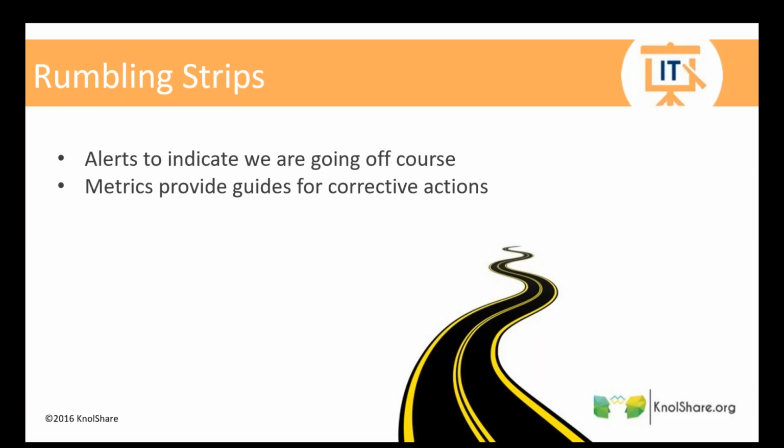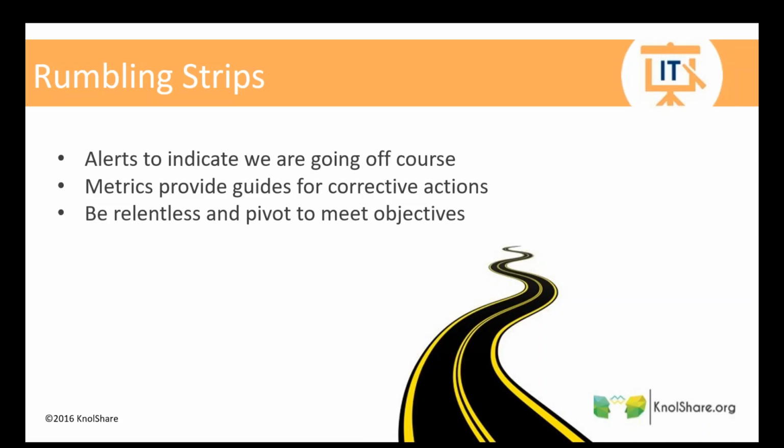Sometimes when I'm not paying attention and I'm distracted while driving, I run into these rumble strips and they go brrr, and then you say, oh geez, I need to correct. Let me get back within the right driving lane. As we use metrics and measure, they're here to help guide us back to what we said we wanted to do, or to make course corrections if we're going off course.